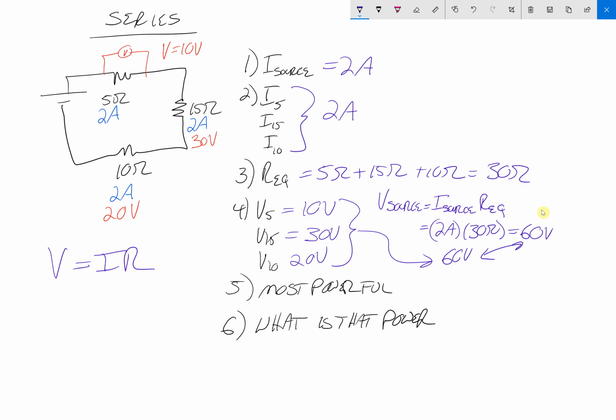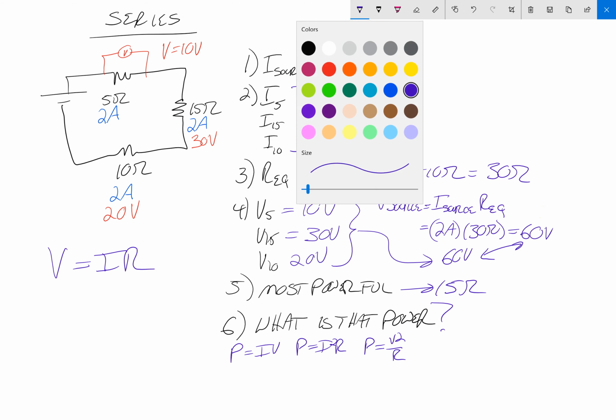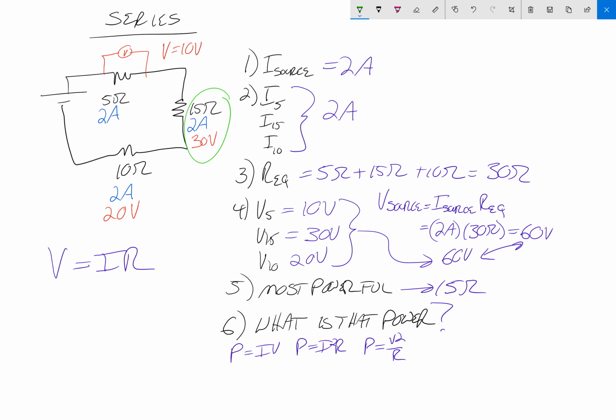Also, another concept. In series, the one with the most resistance is the most powerful. So that would be 15 ohms. Now, what is that power? Up to you. You could do P equals IV. You could do P equals I squared R. You could do P equals V squared over R. Whatever you want to do, you have all the values for that resistor right here.